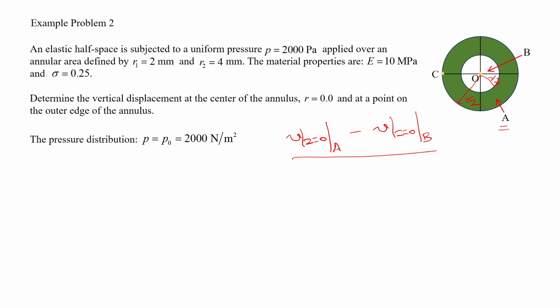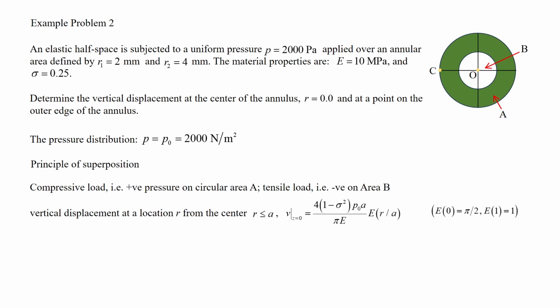So, let me do it for r equal to 0 here. The vertical displacement, this we know, will be given by something like this. Therefore, the net vertical displacement will be equal to 4 into 1 minus nu squared by pi E, and at e equal to 0 it is pi by 2. That will be the same for both.